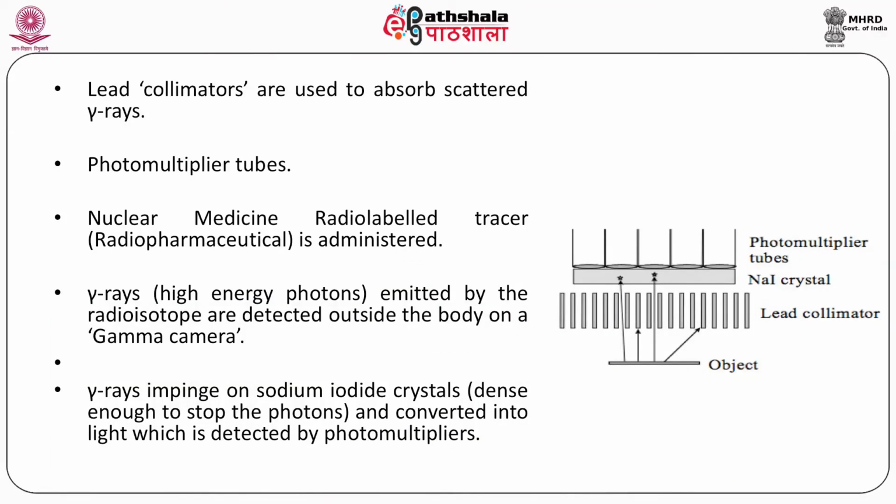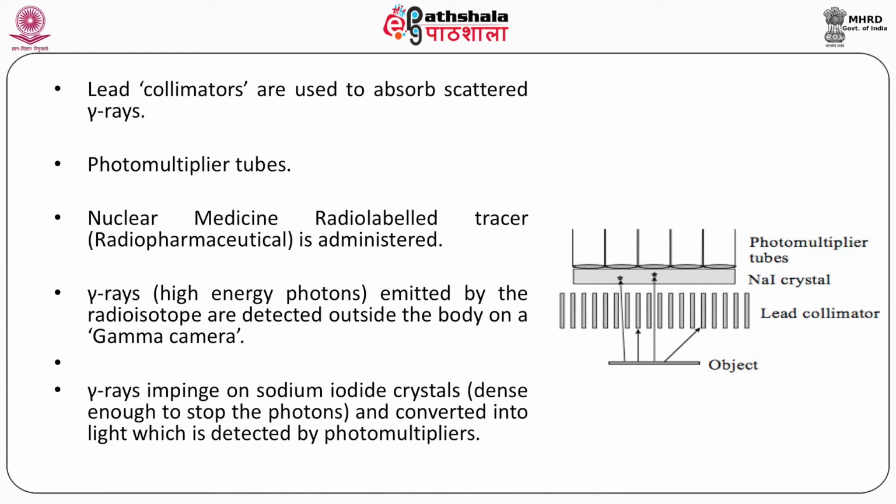Then, as in the earlier slide where we talked about collimators, they are made of lead, which is basically a material to absorb the radiation which is coming out from different angles. Then we have photomultiplier tubes, PMTs, and a nuclear medicine tracer which is administered.